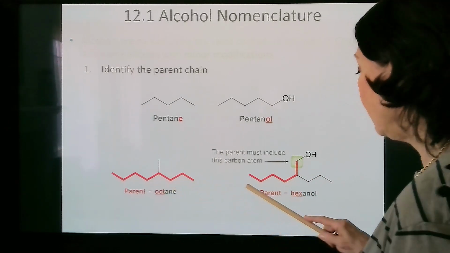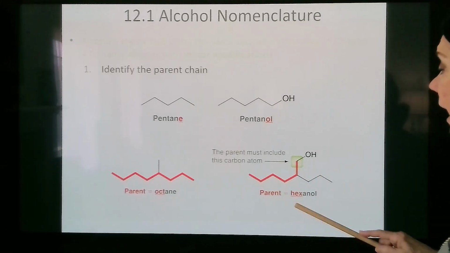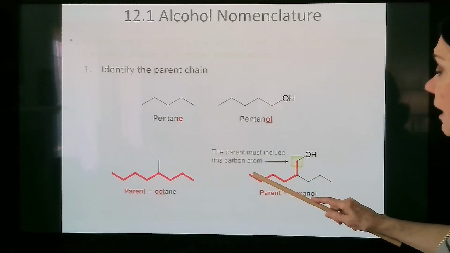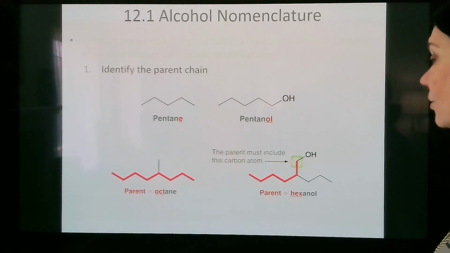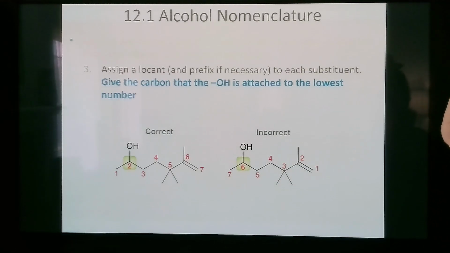You would use the 6-membered alkyl chain, 6-carbon alkyl chain. So this is a hexanol because the alkyl chain that bears the hydroxyl group contains 6 carbons only. Now you assign a locant and prefix to each substituent.